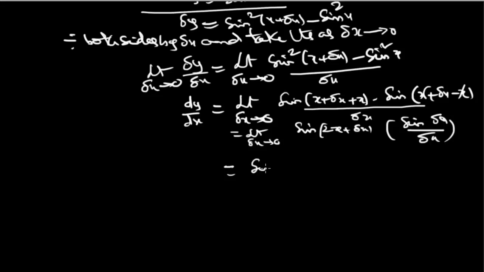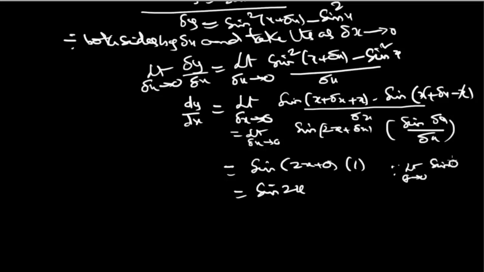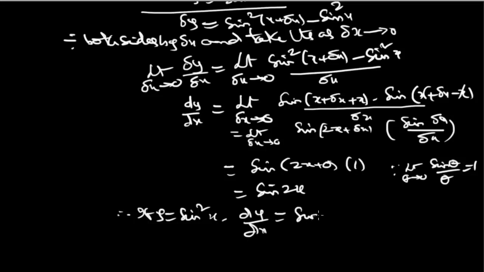So this becomes sin 2x plus 0 into 1. So that is equal to sin 2x. Since limit theta tending to 0 of sin theta by theta is equal to 1, because of that it becomes this. So therefore, if y is equal to sin squared x, dy by dx is equal to sin 2x.